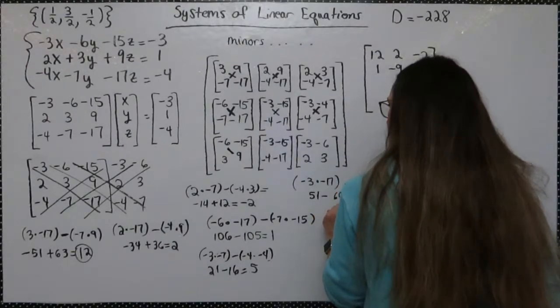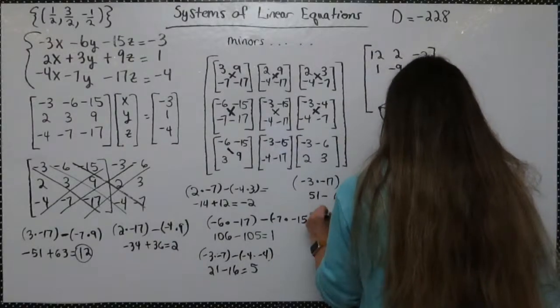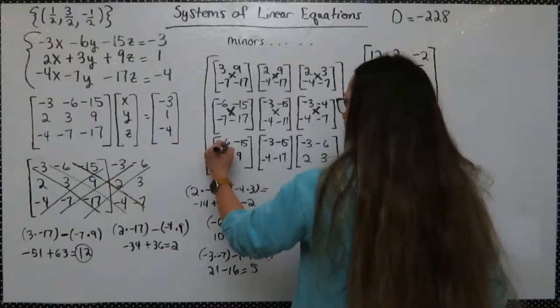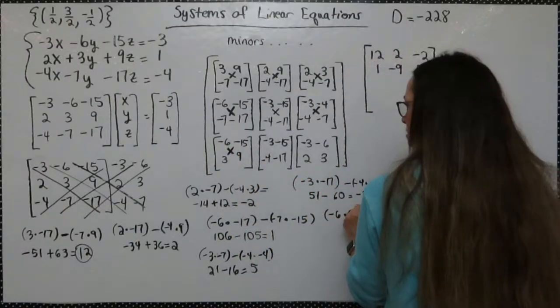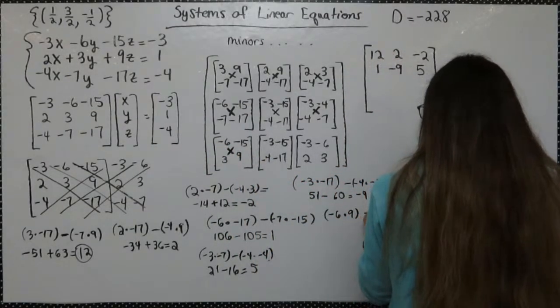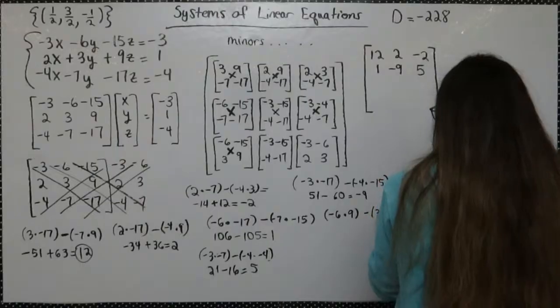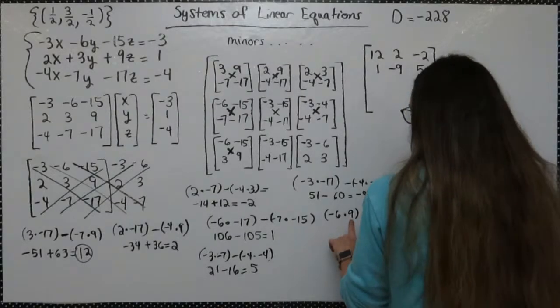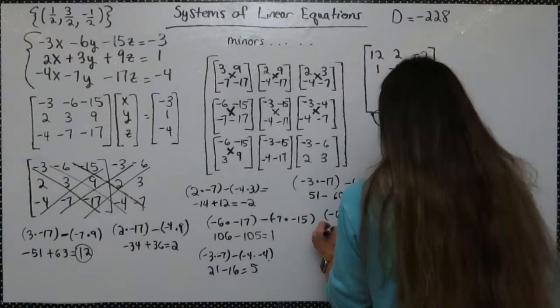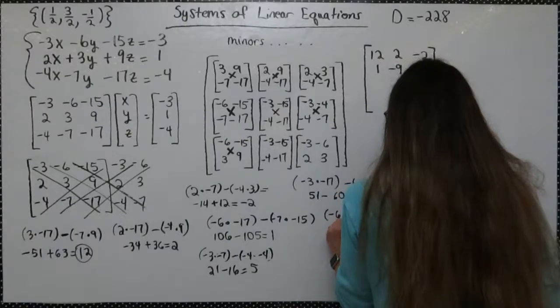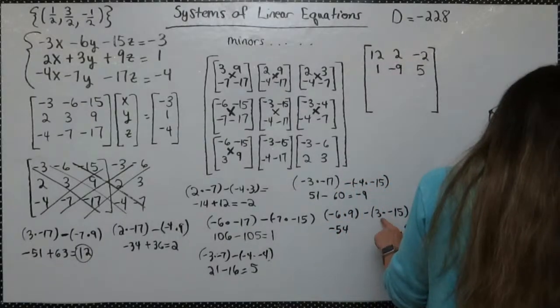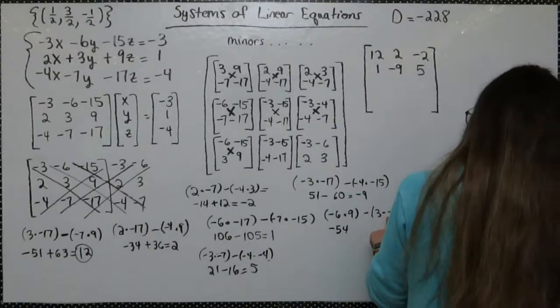-6 times 9 minus 3 times -15. So 9 times 6 is 54, -54. 3 times 15 is 45.